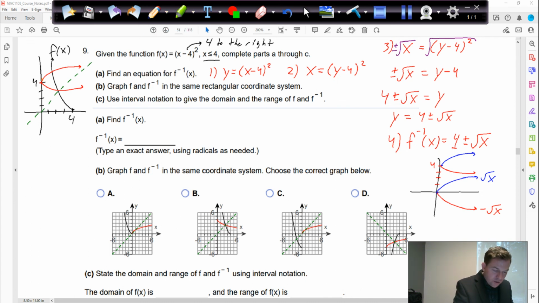So this portion is not symmetric, so we're going to erase it. So the answer was the minus root x portion. So this is for minus root x. So that is going to be our inverse function. And we can already see the answer. Our drawing matches pretty closely to B.